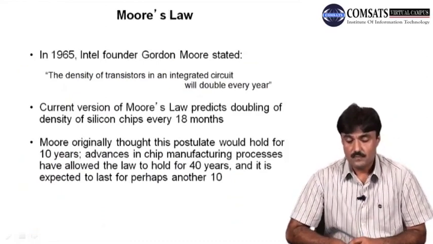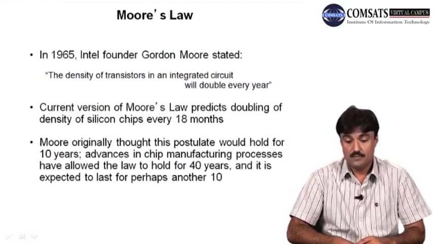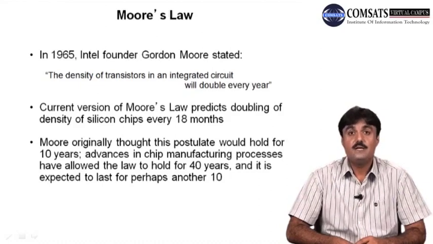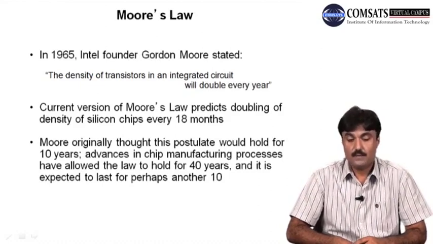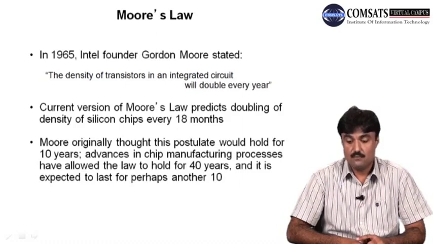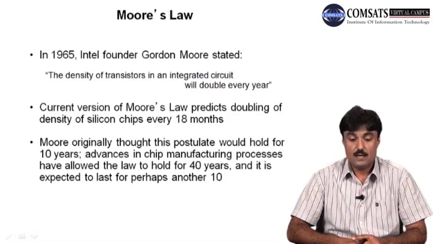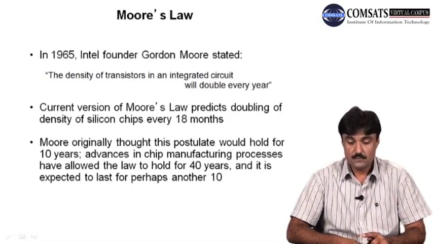Now there's a famous scientist and Intel founder, Gordon Moore. He stated a very famous law. He stated that the density of transistors in an integrated circuit, or IC, will double every year. He stated this law in 1965.